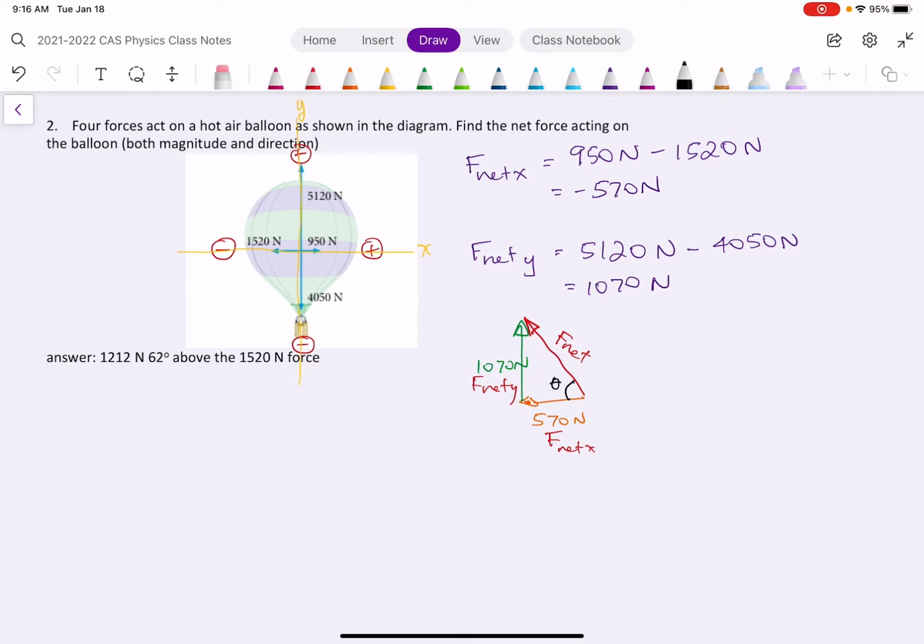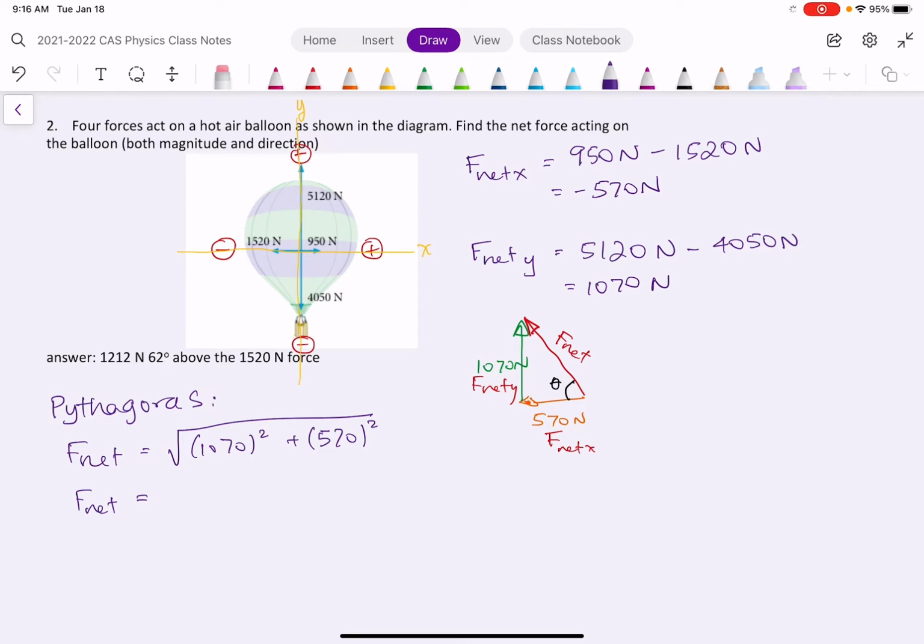We can use Pythagoras to find the length, so we would just say F net is equal to the square root of 1070 squared plus 570 squared. You see why I didn't put in the negative, because it's going to give me the magnitude of the net force, which is all I really need.